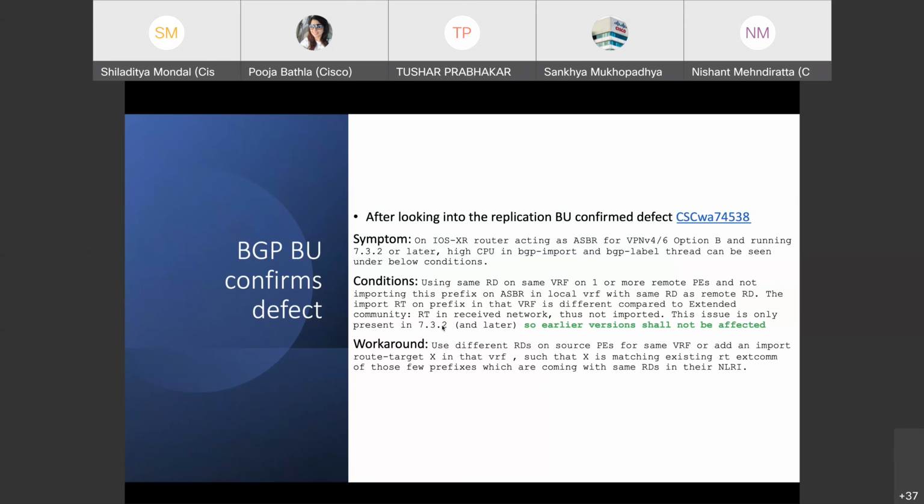So earlier in 663, the same RD was coming in and the RT was not importing it, right? As you have already mentioned, the VRF or RD is not at all important in the case of ASBR option B. So how is the behavior different between 663 and 732? The difference is in the code, on how they treat NLRI where there is the same RD.